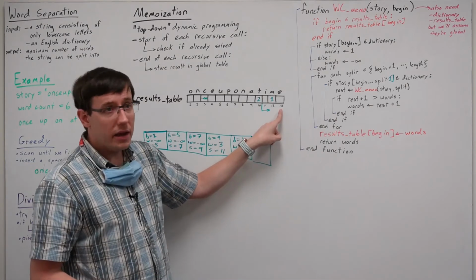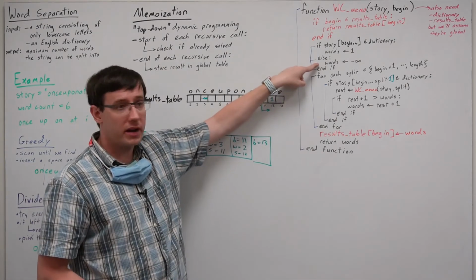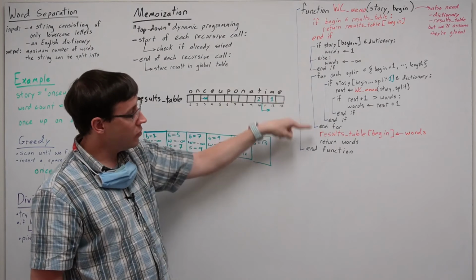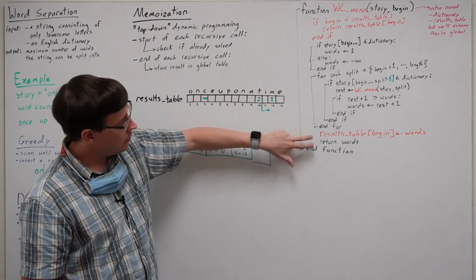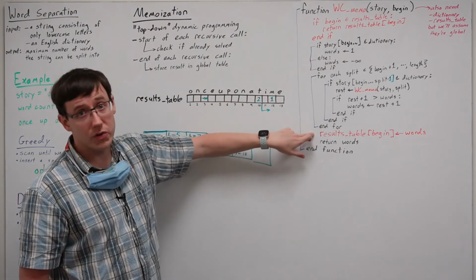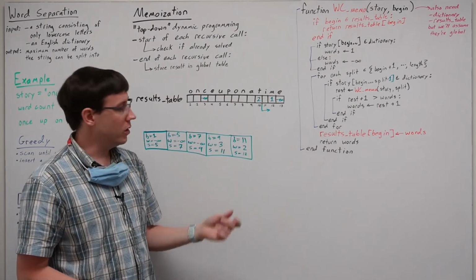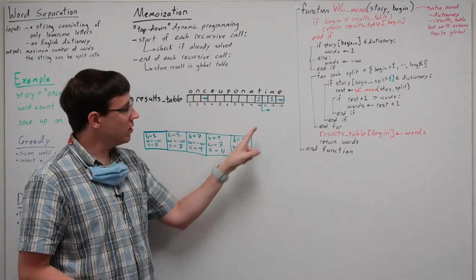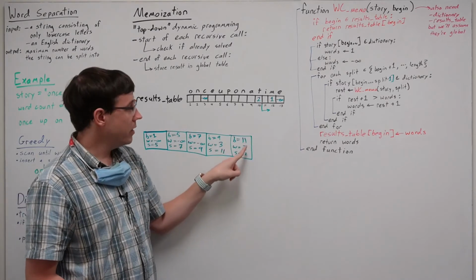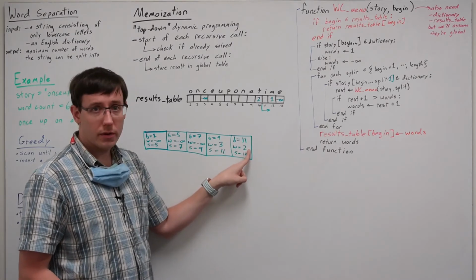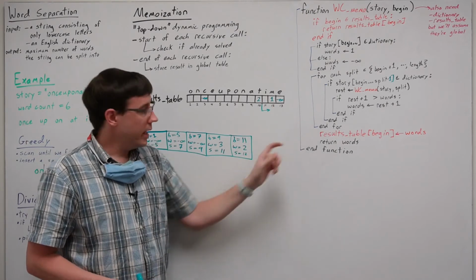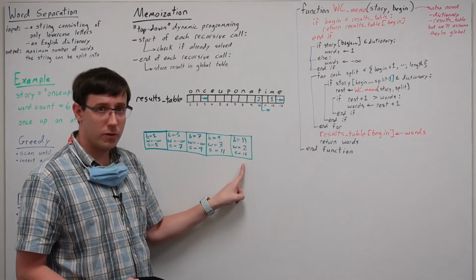But E is not a word, so we initialize to minus infinity and have no iterations of the for loop, so we immediately store that in our results table and return it. Since that result was worse than what we had found before, starting at I, we don't update our word count, but now we're done looping and can return from this recursive call.